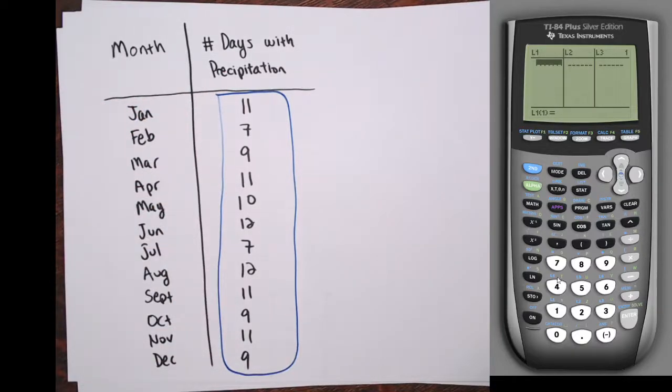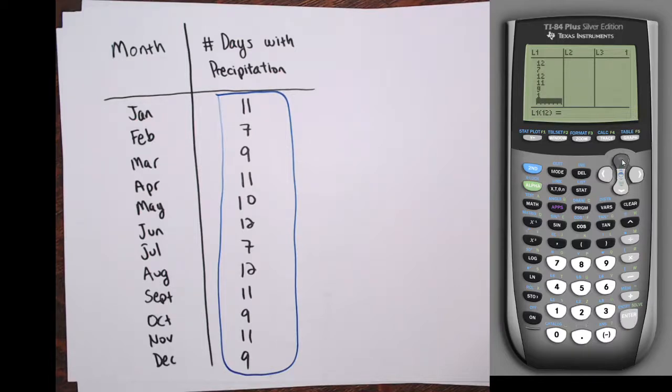So in the first month there were 11 days. In February there were 7. Then in March there were 9 days of precipitation. Then 11 in April, 10 in May, 12 in June, 7 in July, 12 in August, 11 in September, 9 in October, 11 in November.